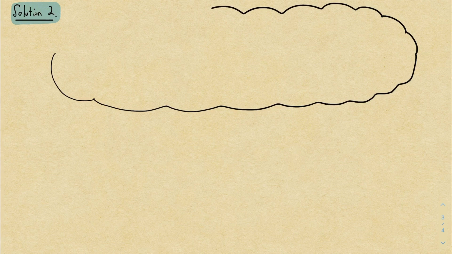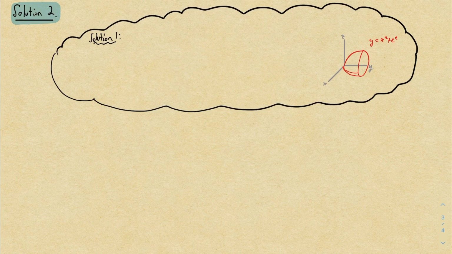In my head, the way I'm thinking about what we just did is we have this surface that we started with, y equals x squared plus z squared. And in the first step, we found a map G from a disk in the UV world, which spat out this surface. That was our parameterization.